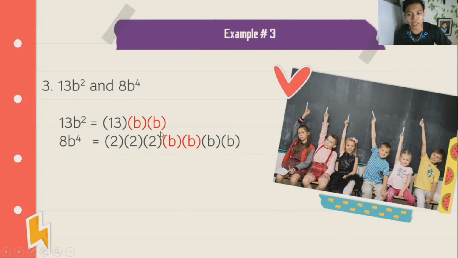Parehas silang may 2 b. Tama? So, the GCF is equal to b times b or simply b raised to 2 or b squared. So, yun yung GCF ng 13b squared at 8b raised to 4.